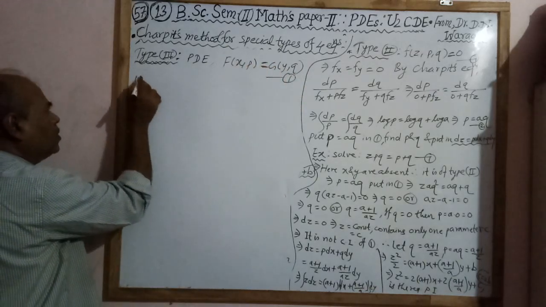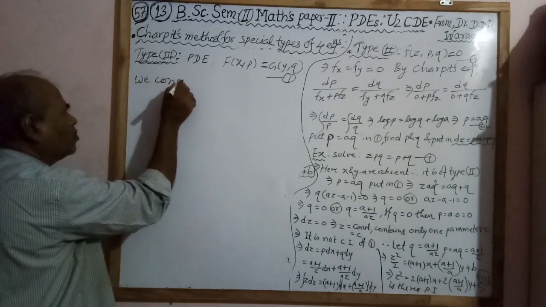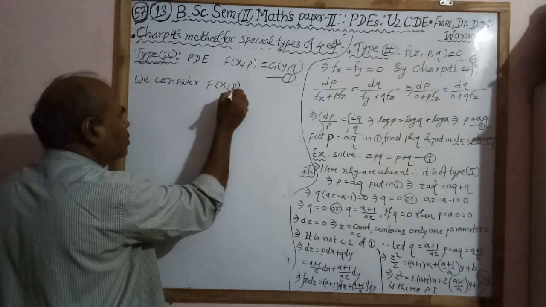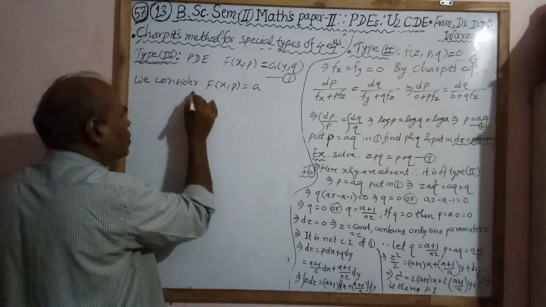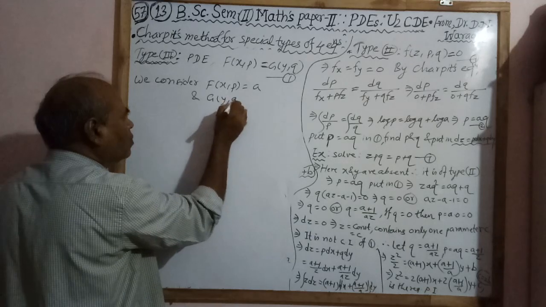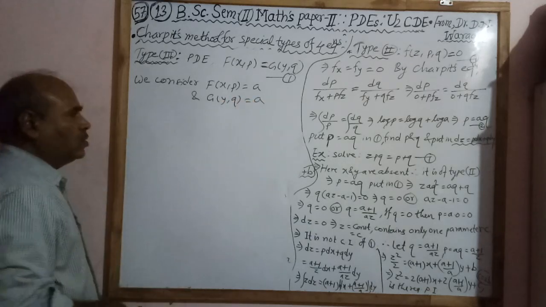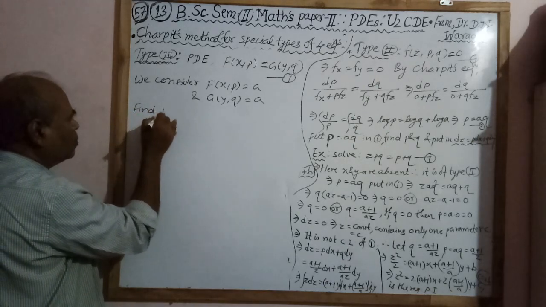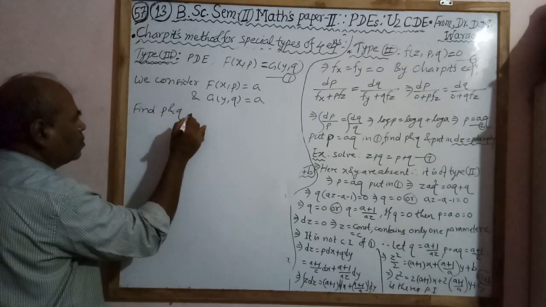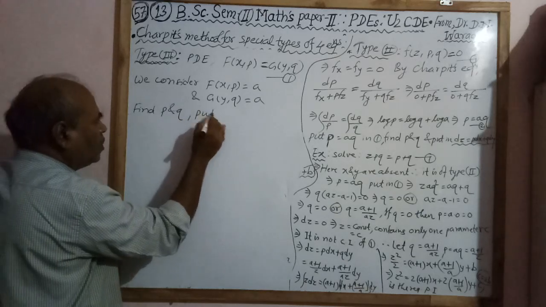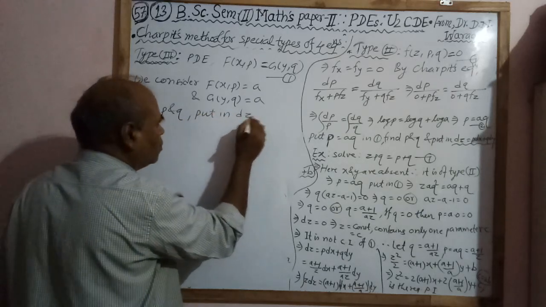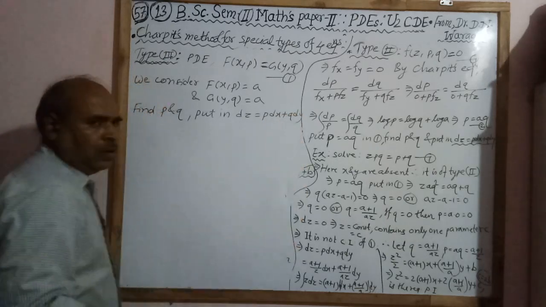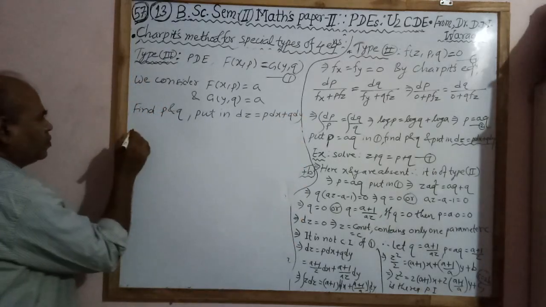Now in this type we consider f of x, p equal to constant and g of y, q equal to constant. Find p and q and put in the equation dz equal to p dx plus q dy and integrate to get the solution.